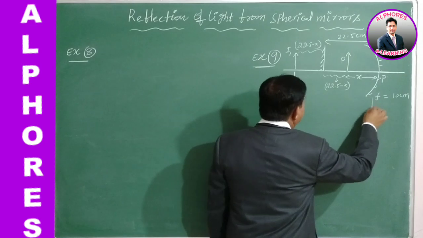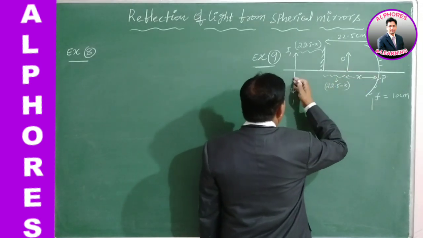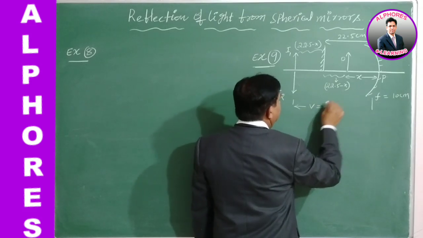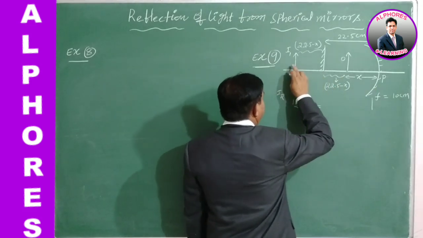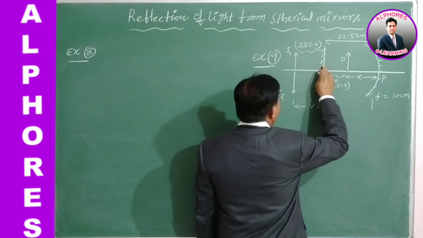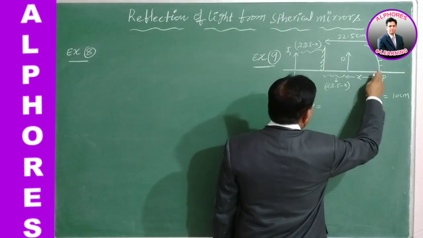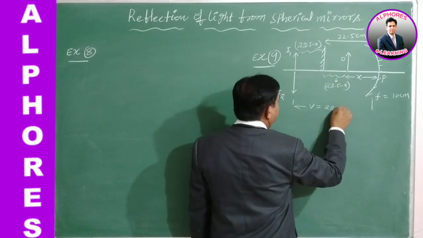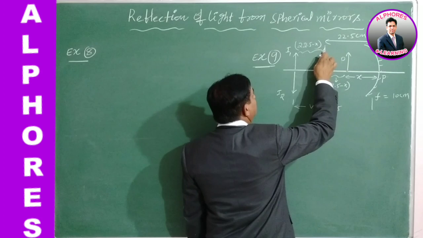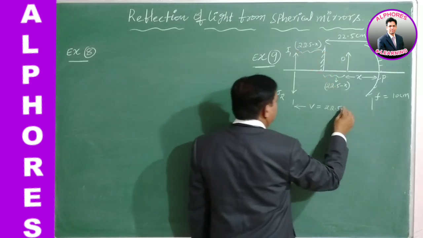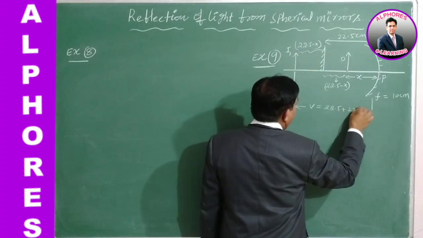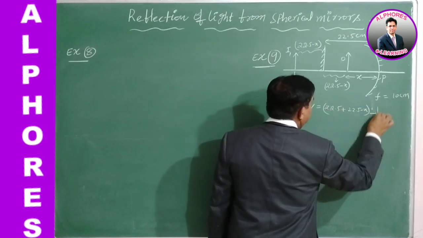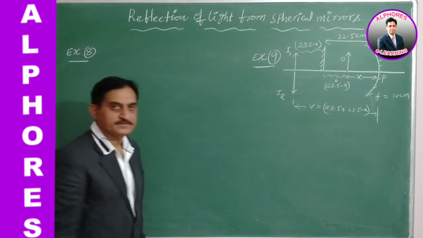So by using this condition, we can develop the image distance from the concave mirror: from here to here 22.5, from here to here 22.5, plus 22.5 minus x. So this is the image distance.